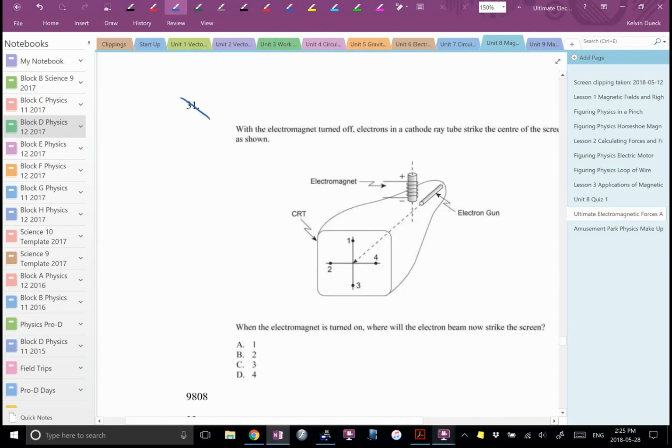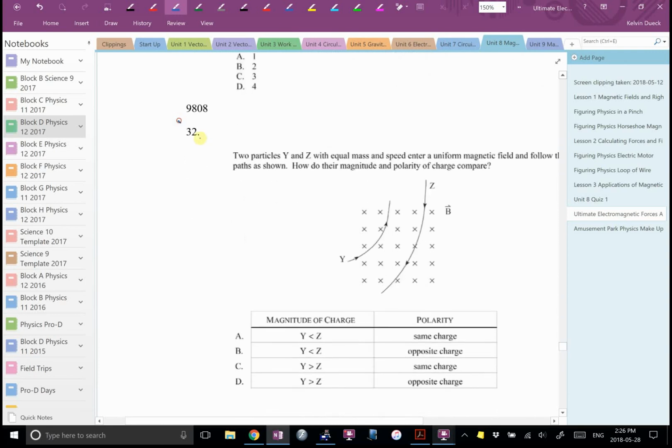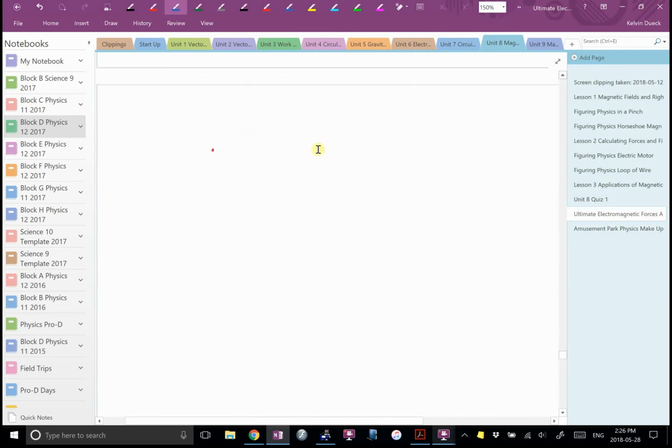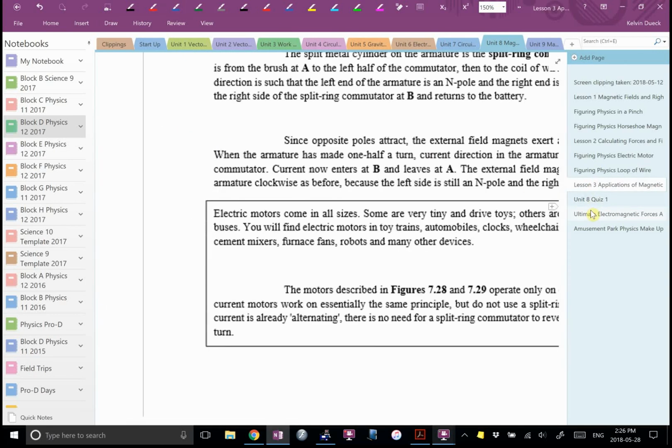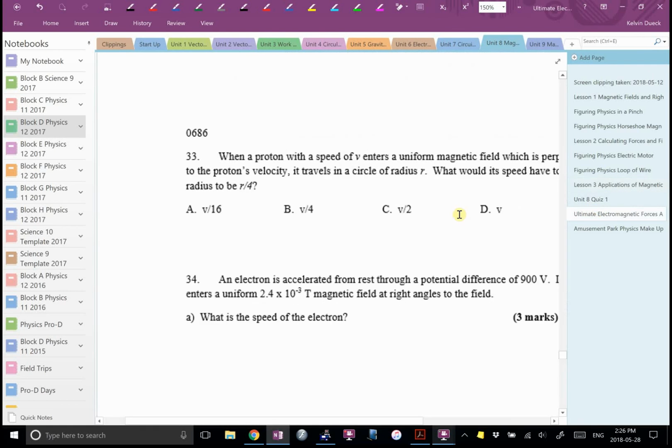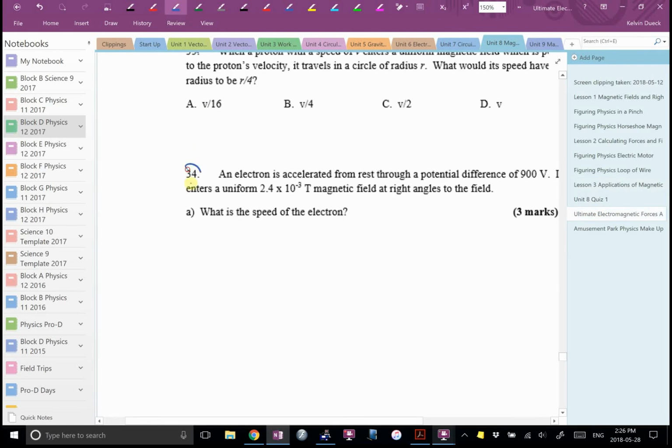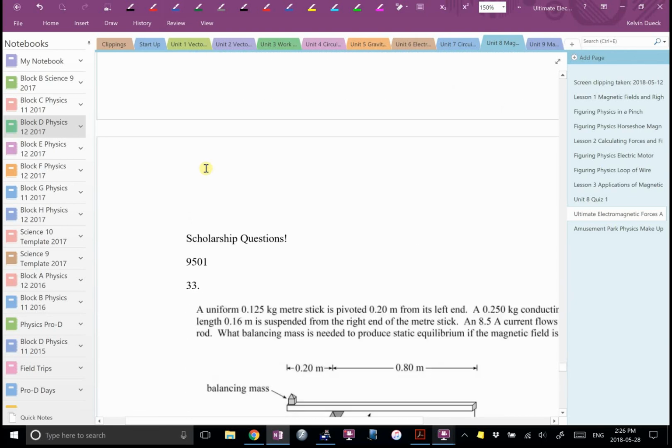Cross out 31. Cross out 32. Cross out 33. 34 is good. You don't need to worry about the scholarships.